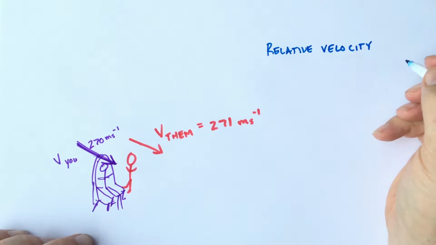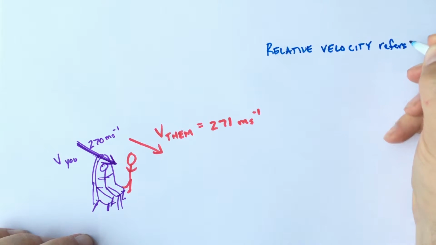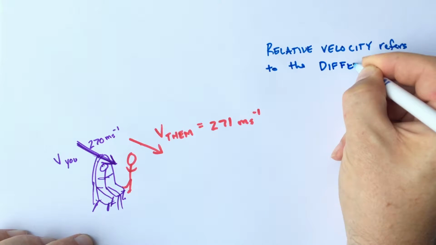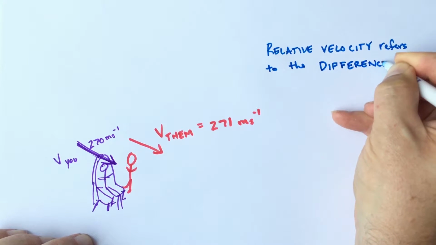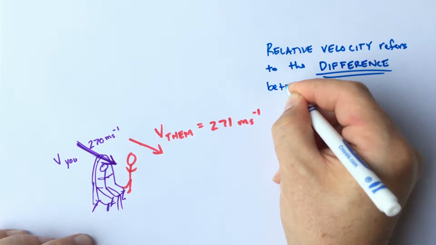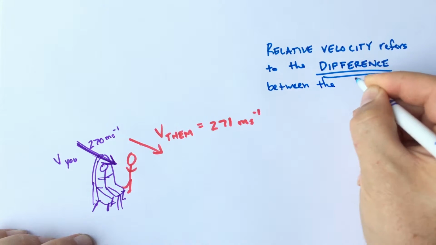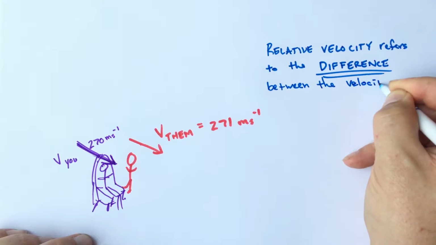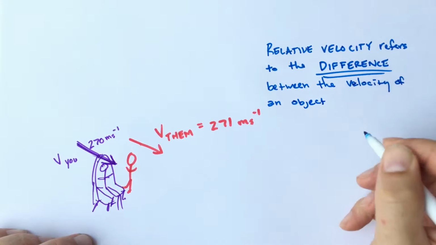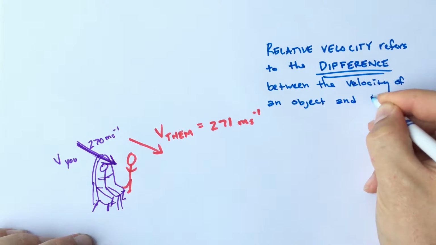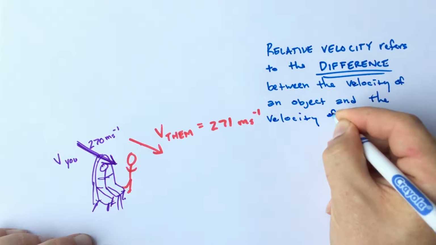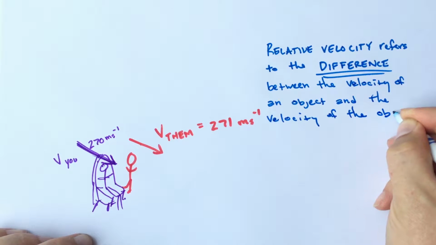Relative velocity refers to the difference between the velocity of an object, the thing you're looking at, and the velocity of the observer. You should be writing this down. These are good notes.